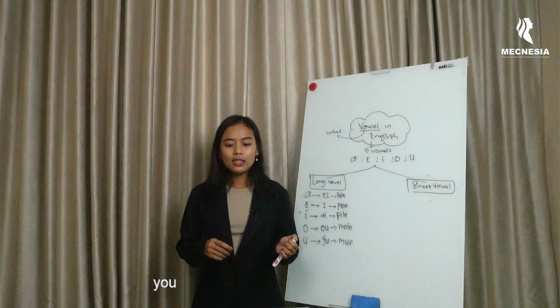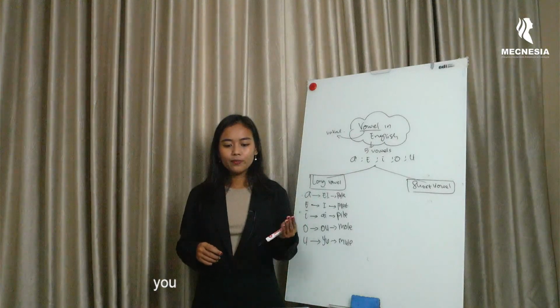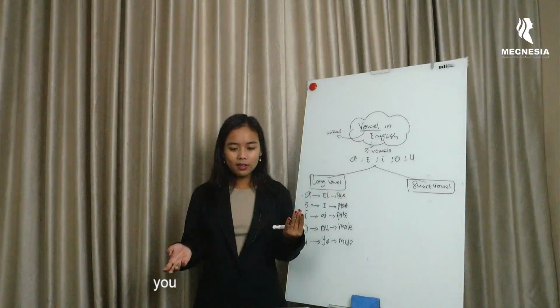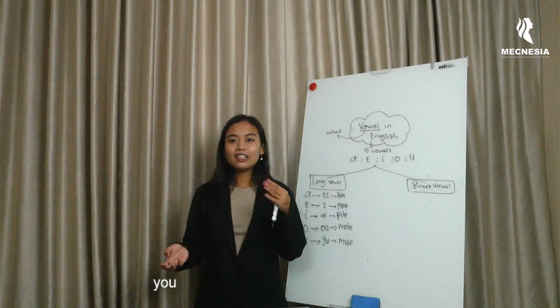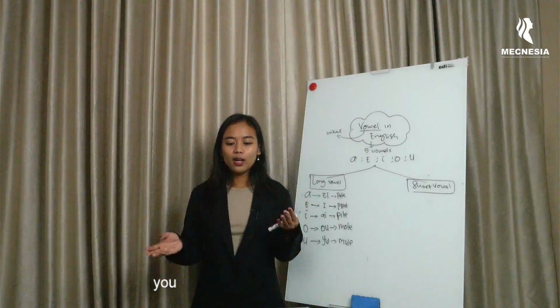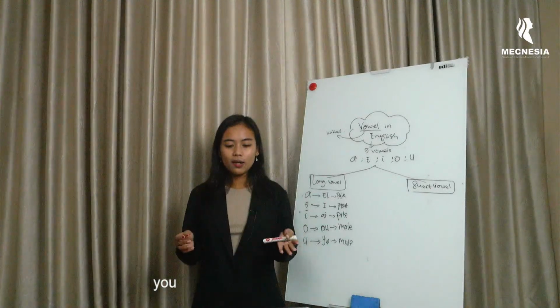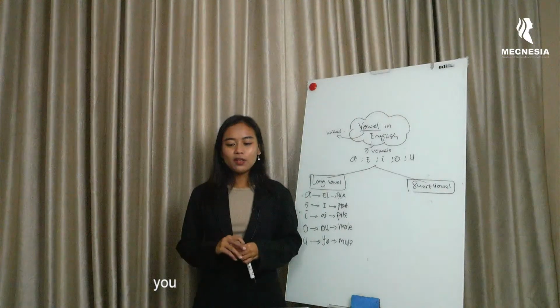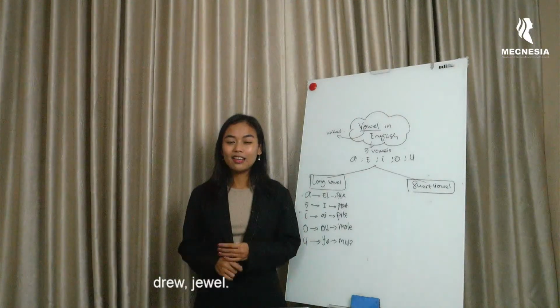When the EW appears in one syllable. Ketika huruf EW muncul dalam satu suku kata. For example, drew. Drew.